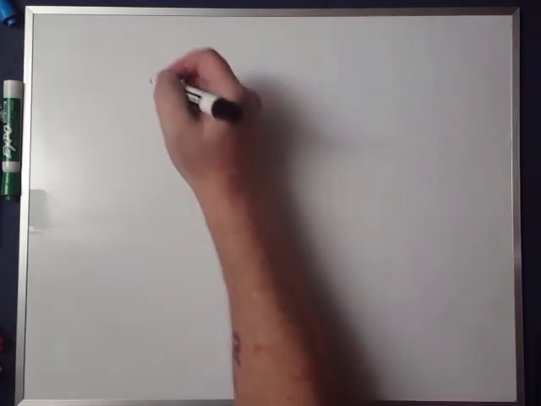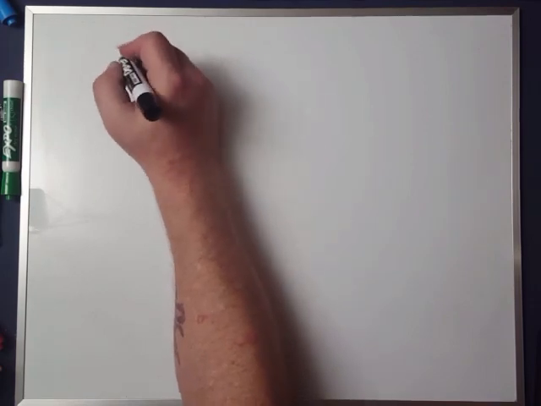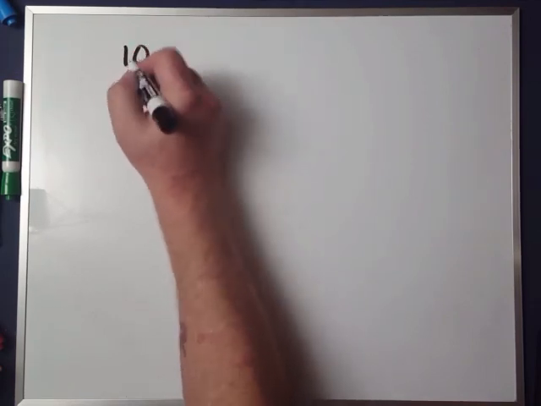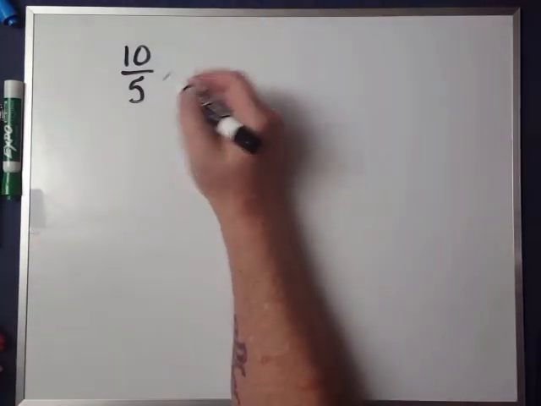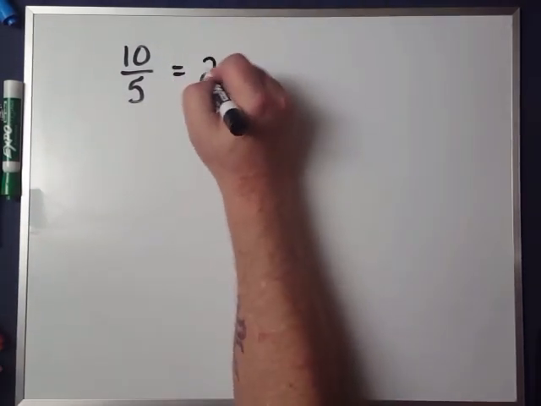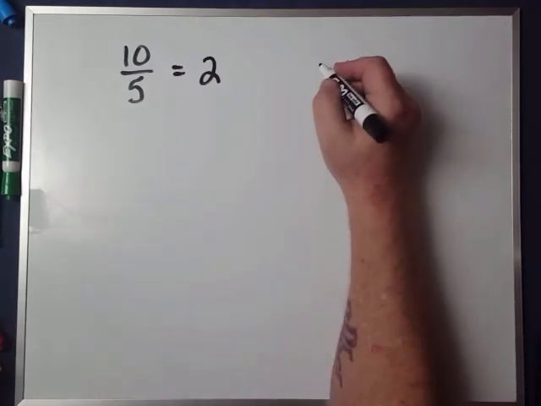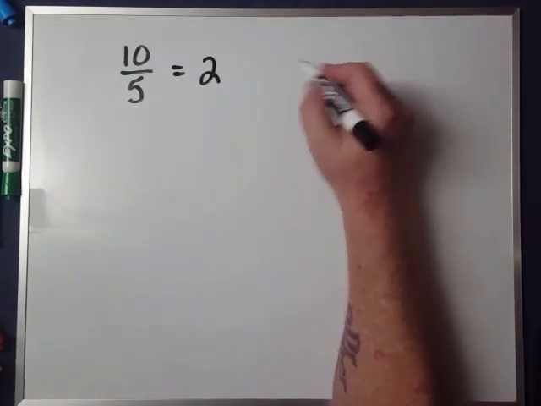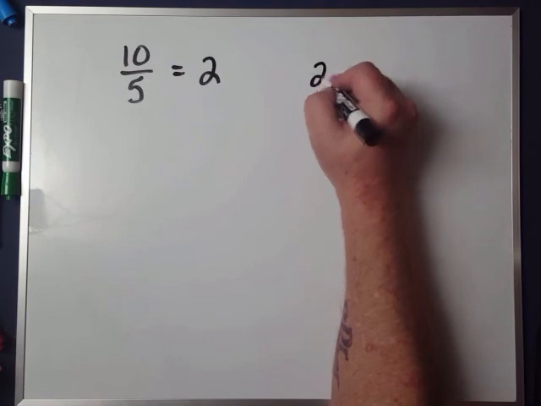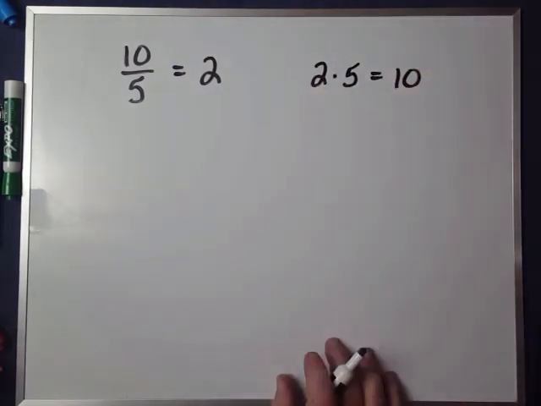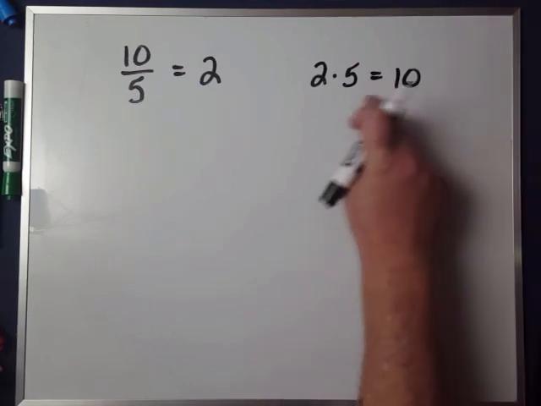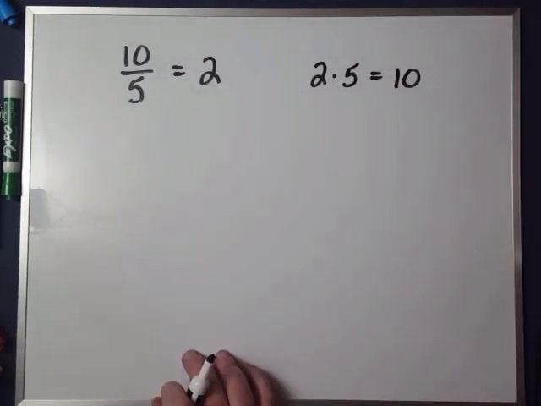And does that make sense to us? Well, let's say that we have a problem like 10 divided by 5. 10 divided by 5 is 2. How do you know that? Because you first learn your multiplication tables, and now you're using them backwards. You know that 2 times 5 gives you 10, which tells you that 10 divided by 5 will be 2.